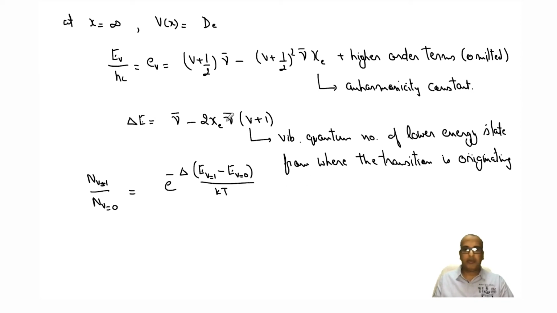Now if you put in all the values here, you will get that this is approximately equal to 0.008. This is the ratio, so it tells you the population difference.